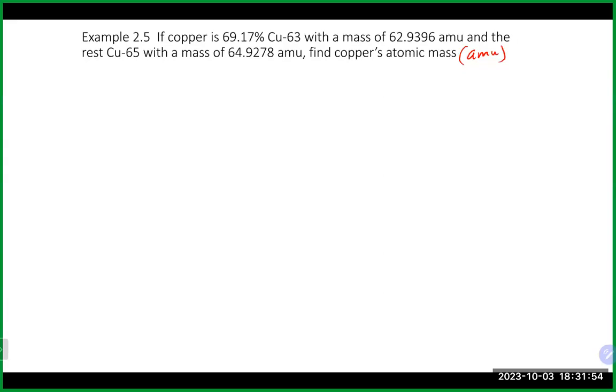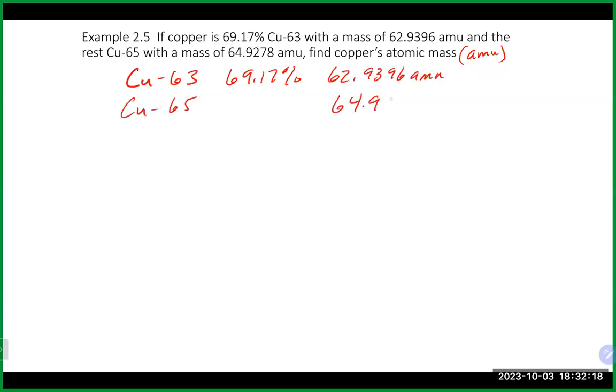Okay, let's take a look. So we're given two isotopes of copper. We have copper 63, and it occurs 69.17% of the time, and it has a mass of 62.9396 AMU. We also have copper 65 here that has a mass of 64.9278 AMU.